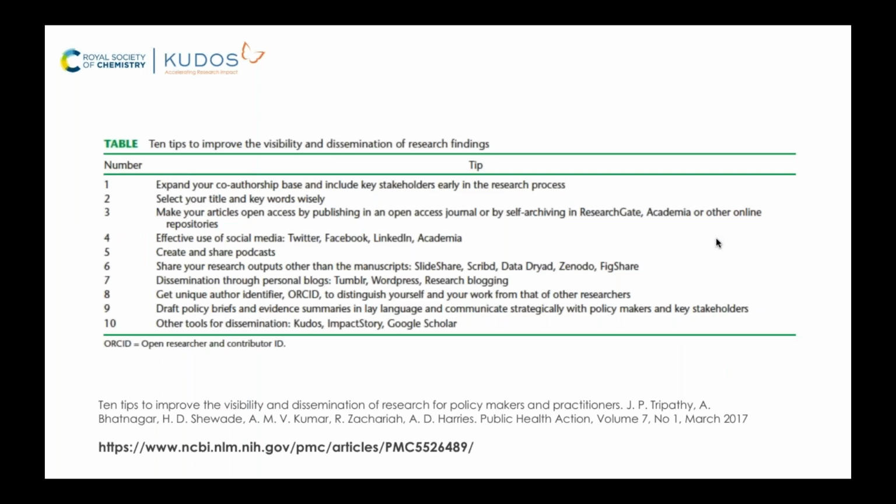Having looked at why active dissemination is becoming more important, now I'd like to focus on best practice. And this is a nice summary of 10 ways to improve your dissemination. Number 1 is expand your co-authorship base and include key stakeholders early in the research process. A wider group of co-authors not only brings additional expertise and ideas to the paper, they can also help disseminate research findings.